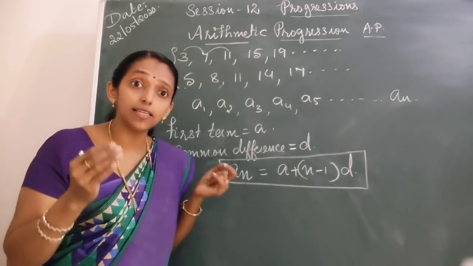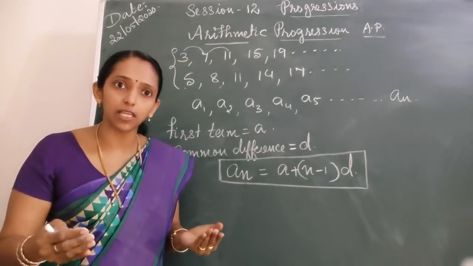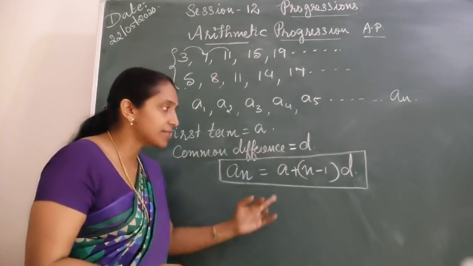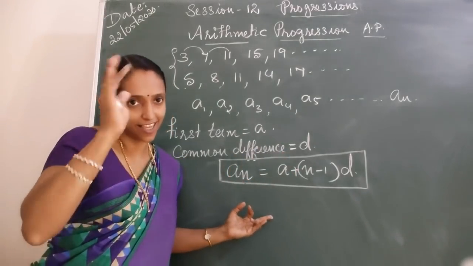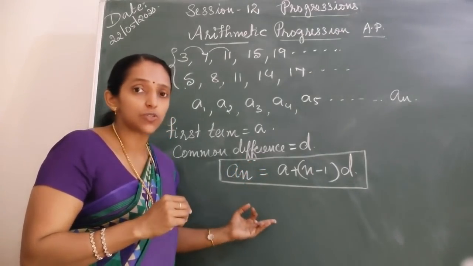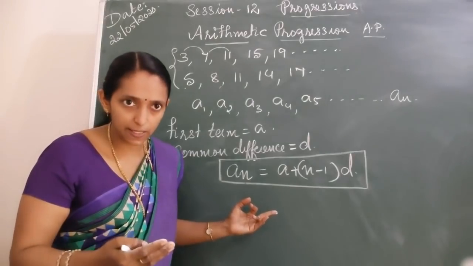With two terms, the 7th term and the 12th term, can you find the sequence? Of course you can. How? You will solve these two equations simultaneously, again the application of simultaneous equations.